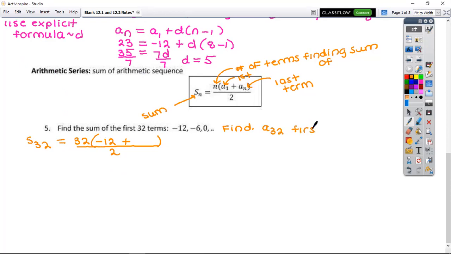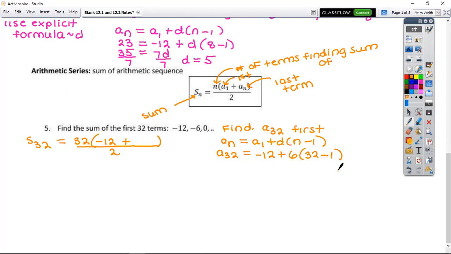So you're going to do your formula. So a sub n is equal to a sub 1 plus d times n minus 1. All right, so I want the 32nd term equal to, first term is negative 12, and then common difference would be just plus 6, and then I'm going to go 32 minus 1. You can type that in the calculator.